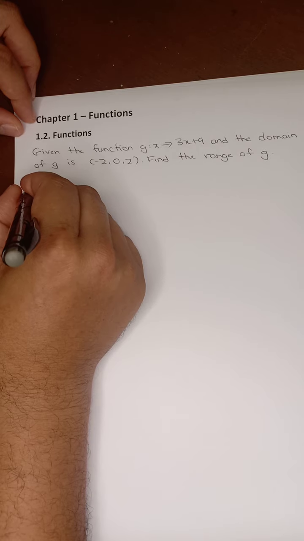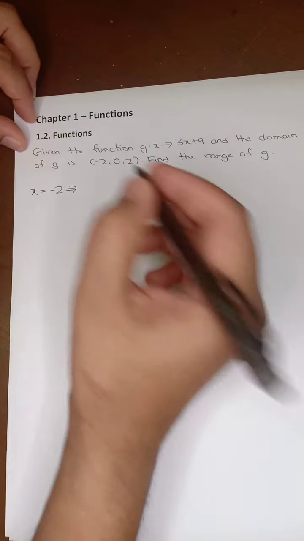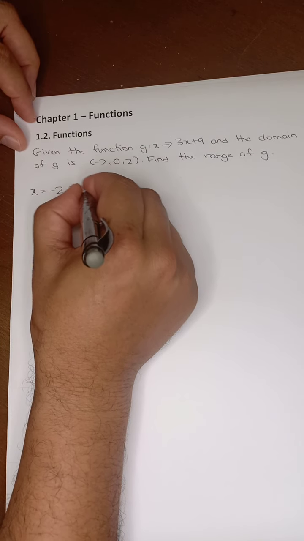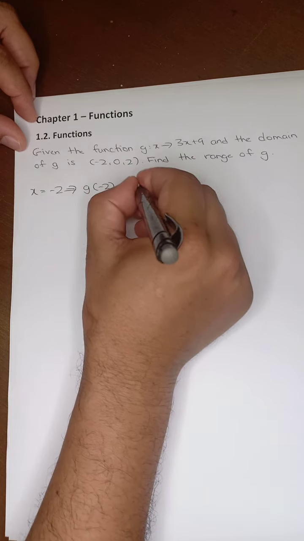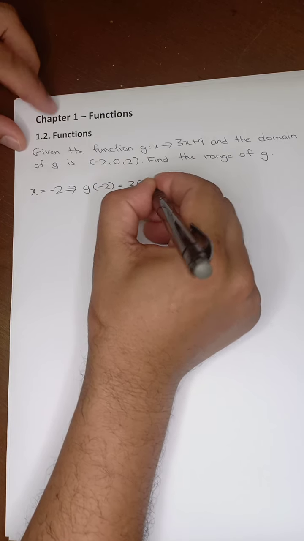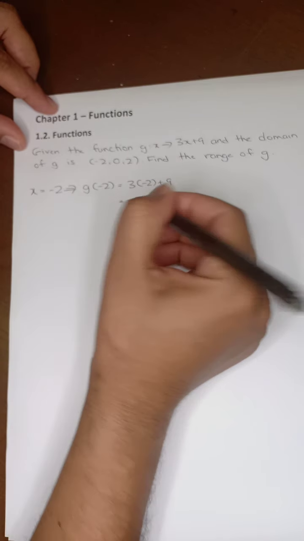I'll write the first one, x equals negative 2. Where does it map? So we get g(-2) equals 3(-2) plus 9. You get negative 6 plus 9, that's 3.